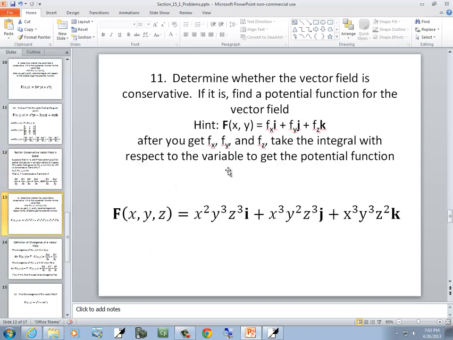Now the second part of this says that after you determine whether it's conservative or not, then find a potential function for the vector field.